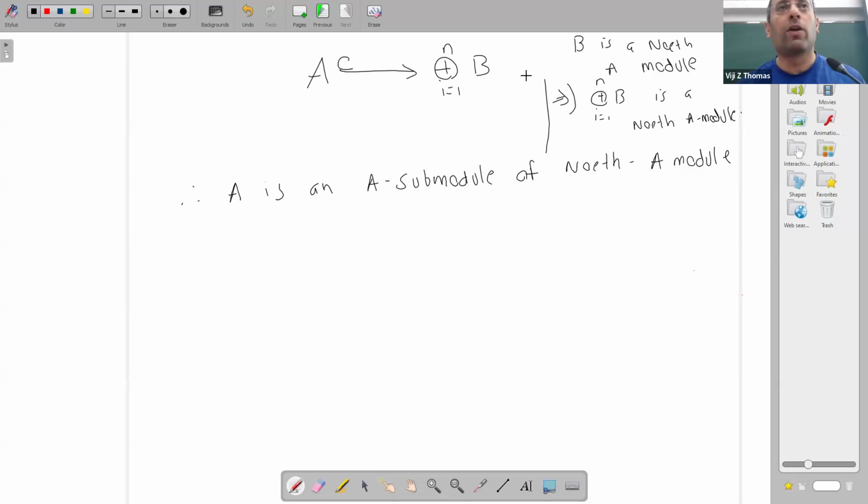So A is a submodule of the Noetherian A-module, this direct sum of B's. So what can you say? A is a submodule of a Noetherian A-module. So A is Noetherian. Therefore, A is a Noetherian A-module.